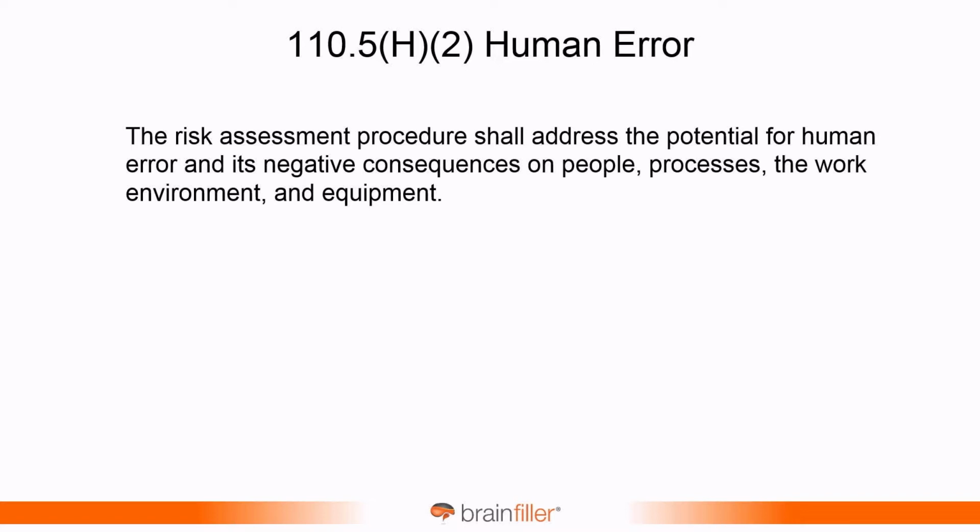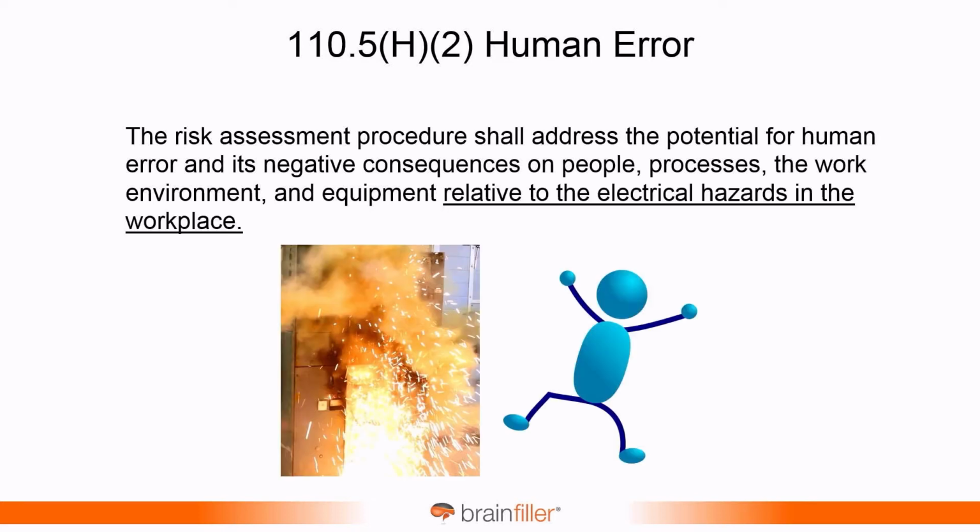That's a pretty broad statement. But actually remember, NFPA 70E, it's about electrical safety. So a little bit of extra text was added relative to the electrical hazards in the workplace. So this was revised a little bit to focus on the electrical hazards.